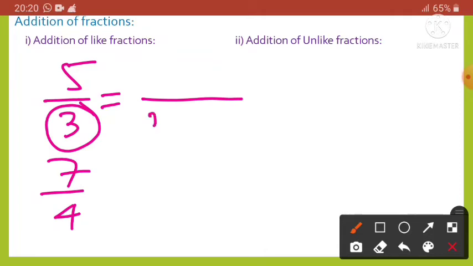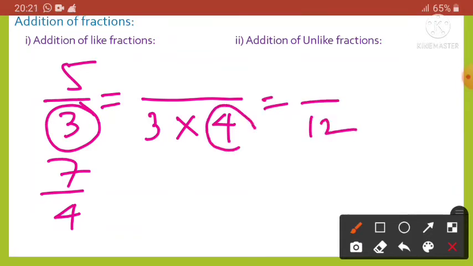If we multiply the denominator with 4 in the first fraction, it gives us 12. As we are multiplying the denominator by 4, we also have to multiply the numerator with 4. So we are getting 20 by 12.